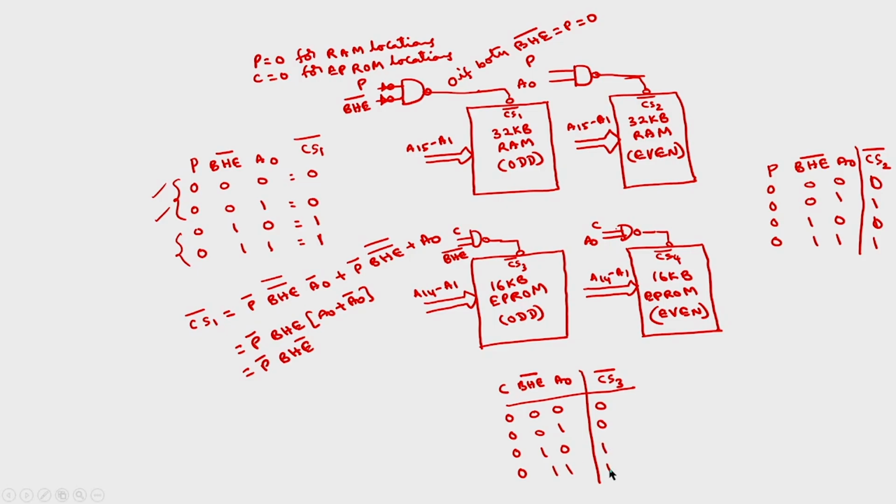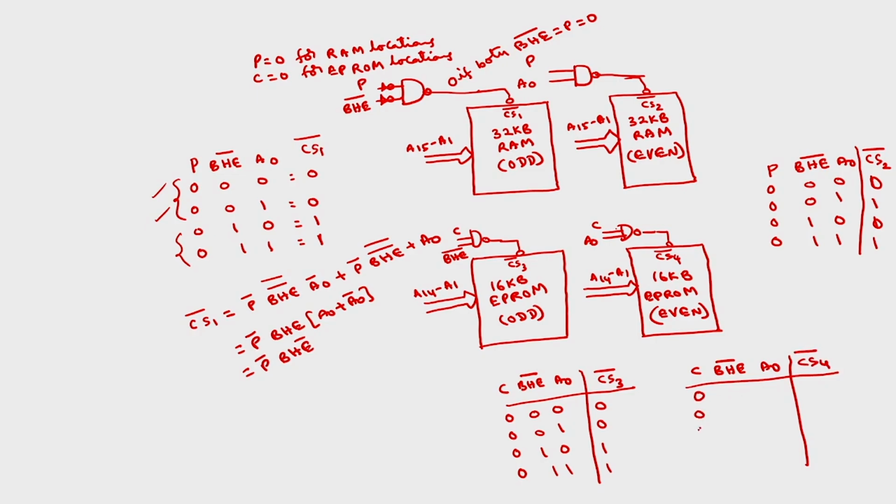If I take the Boolean expression here, A0 varies from 0 to 1, which will get cancelled. So only C and BHE bar will be there, and you have to connect through a NAND gate. Similarly, for CS4 bar, you can write C, BHE bar, A0, CS4 bar.